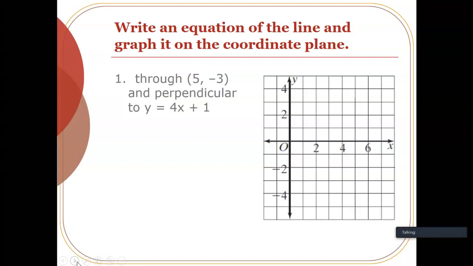So the minute I see that, the very first thing in my head I'm thinking is, okay, I know this line goes through 5, -3. So I'm going to my graph and I'm going to 5, -3. That's a guaranteed correct value on my graph.